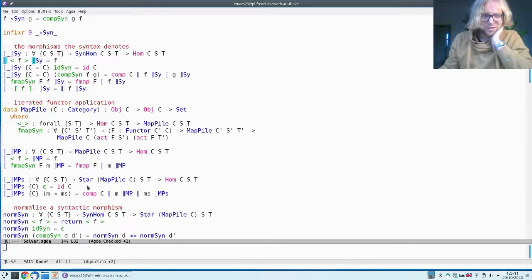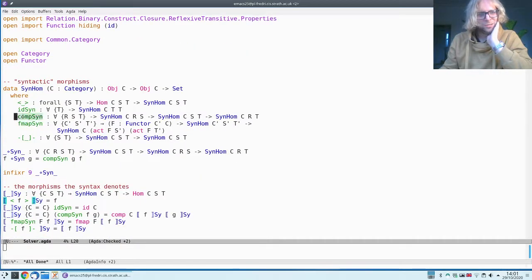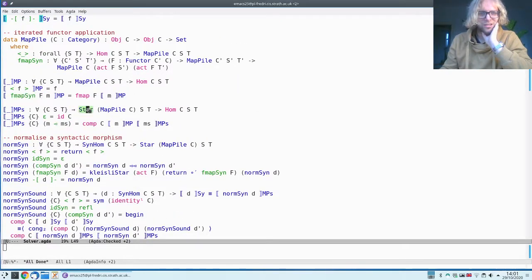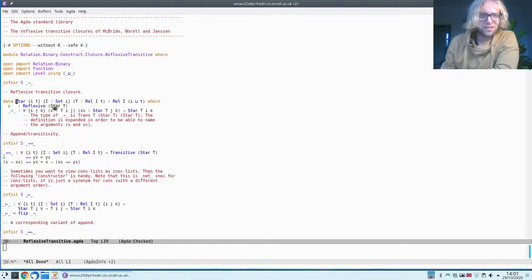So a canonical way to do that is to represent a composition not as made up from this composition operator, but just as a list of morphisms, right? And that's exactly what this star construction does. So this is star as in Kleene star, because it's the reflexive transitive closure of a relation.